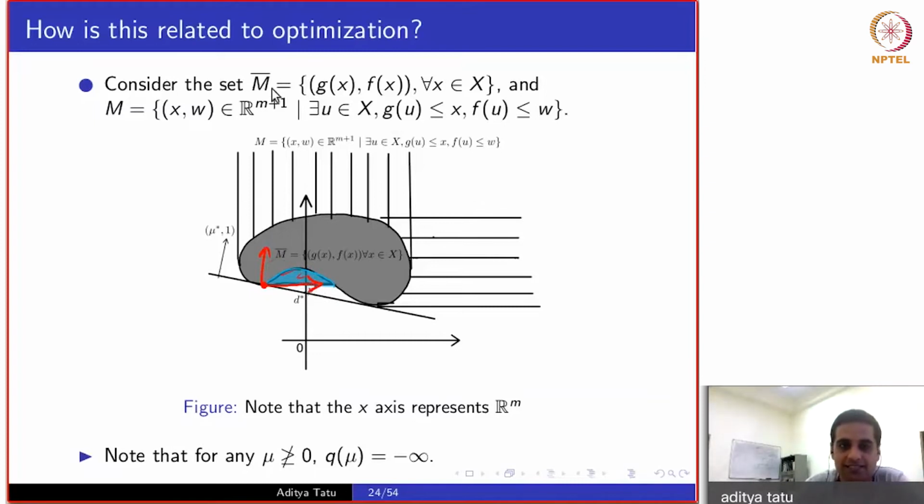So M bar is this set, right? You take all elements x from your set X. This X could be R^n or some smaller set. Now on this X, for each element of this capital X, you evaluate the inequality constraints and you evaluate the objective function. The inequality constraint value will give you the x coordinate and the objective function value will give you the y coordinate.